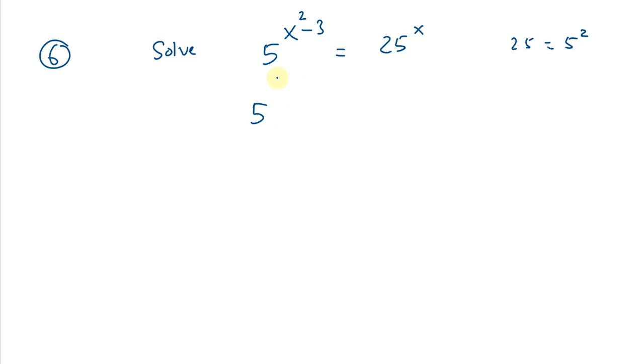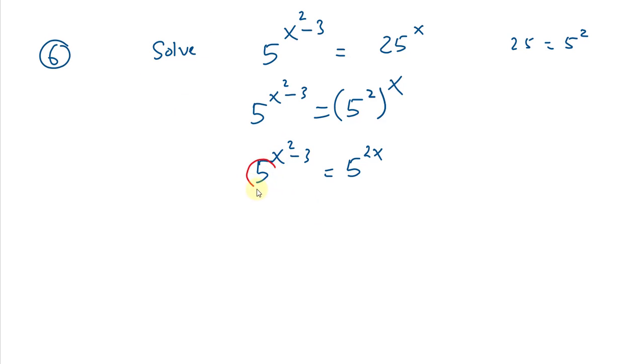Now I keep the left side the same as given, and 25 I rewrite as 5 squared, and then don't forget that we still have the third power of x, and then I keep simplifying this one to bring it outside. Now because the base 5 and the base 5 are equal, that means the left and the right side are equal.